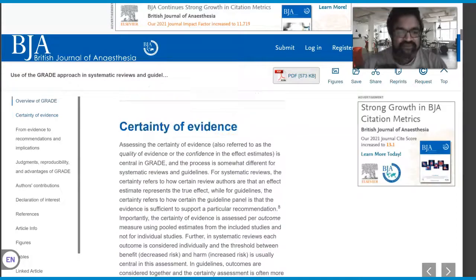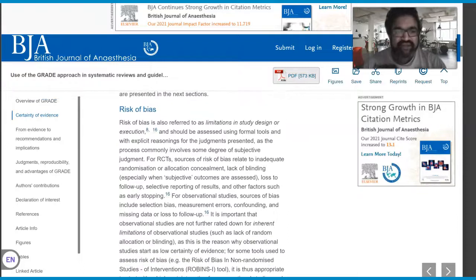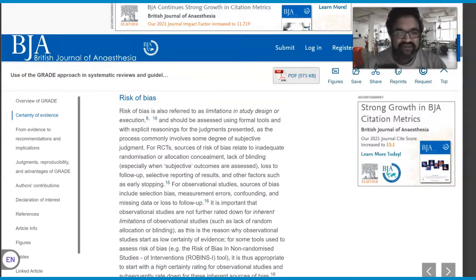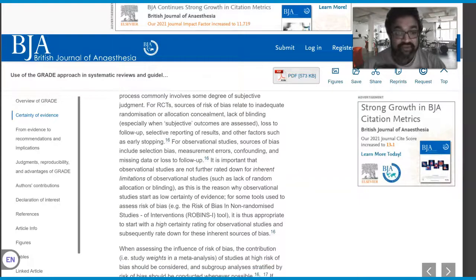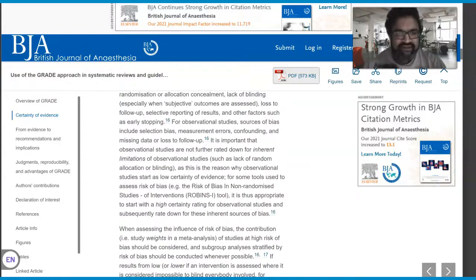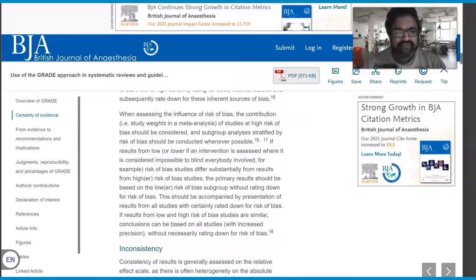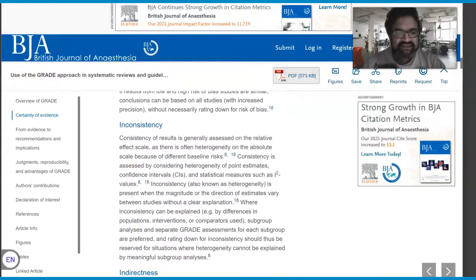There are quite a few different subsections. So certainty of evidence is one. Risk of bias for randomized controlled trials: randomization or allocation concealment, lack of blinding. And then study weights in a meta-analysis.